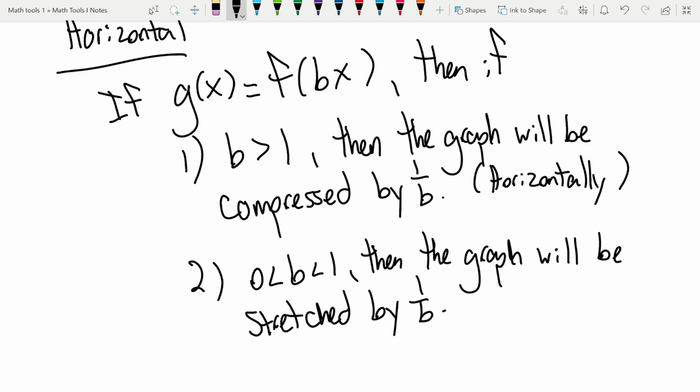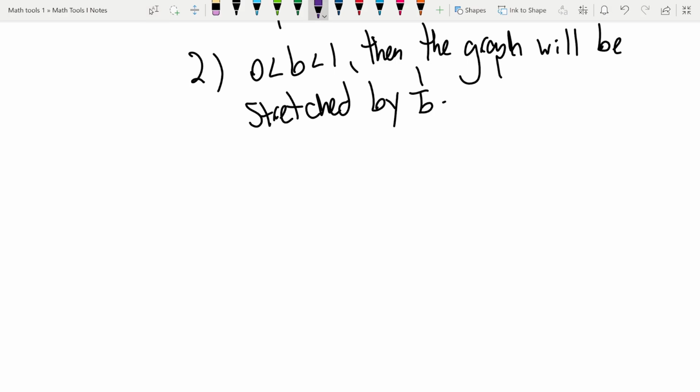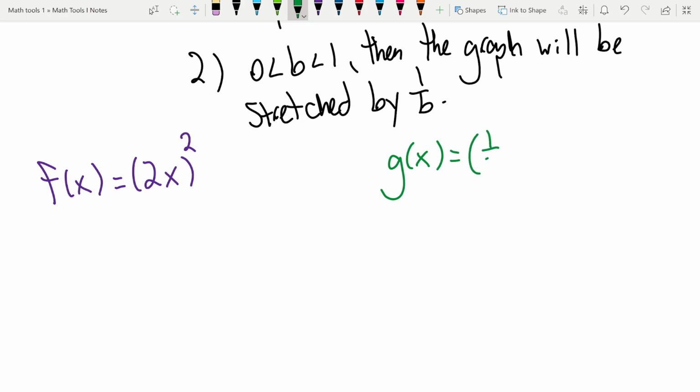So let's take a look at an example so we can see exactly what we mean by this. So again, we'll use our trusty x squared graph. We'll look at (2x) squared, and we will look at (1/2 x) squared. So first of all, one thing that we might notice right away is that in this instance, because of the way this function works, if we were to simplify this, like if we did (2x) squared, we would get 4x squared.